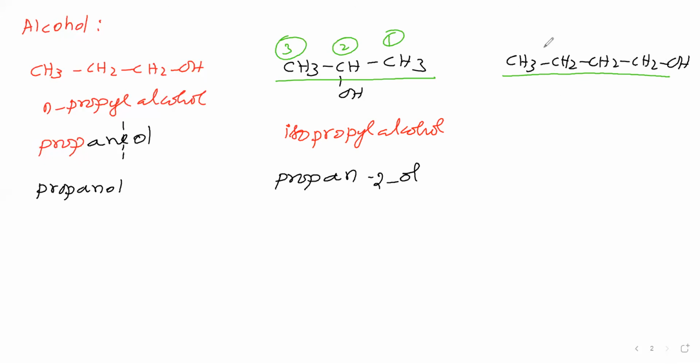Therefore, we can use n in the common name. 4 carbon atoms are present, therefore butyl, then OH is called alcohol. It is the common name. Now we will say the IUPAC name. The root word contains 4 carbon atoms, therefore but. The primary suffix is en, the secondary suffix is ol. Now drop E, then the name is butanol.